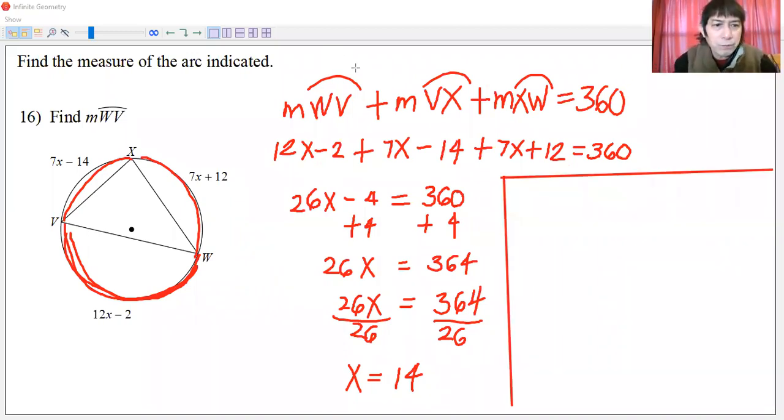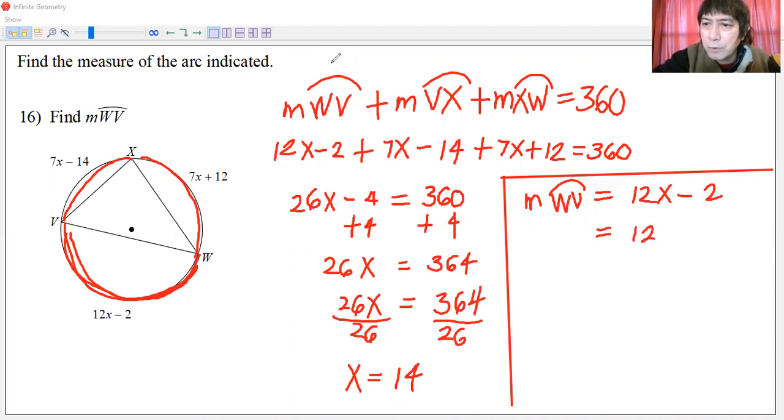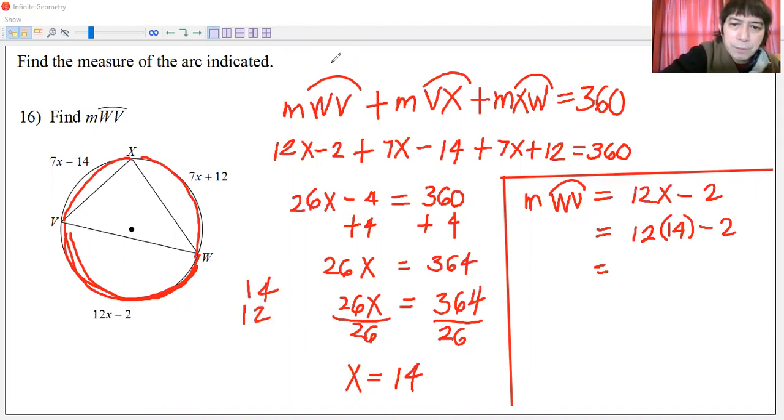Our measure for arc WV is equal to 12x minus 2, so 12 times 14 minus 2. And how much is that? 12 times 14.